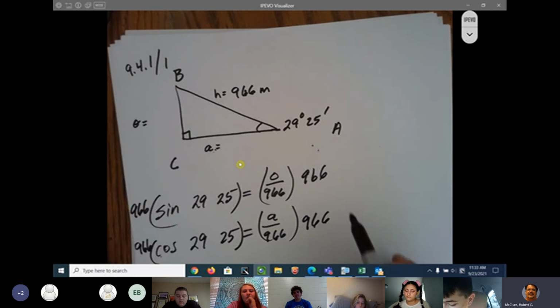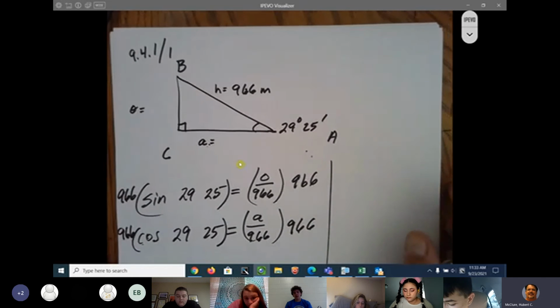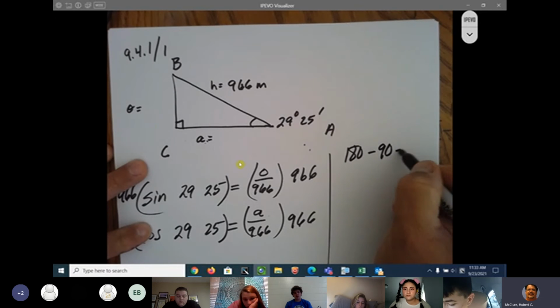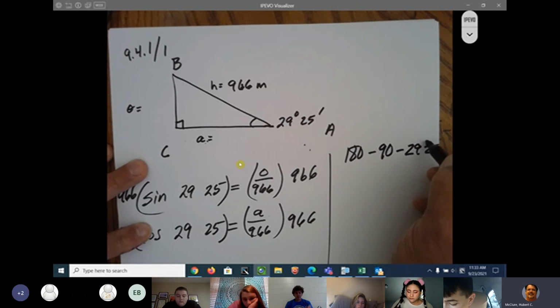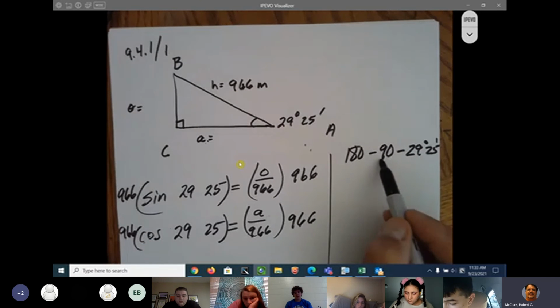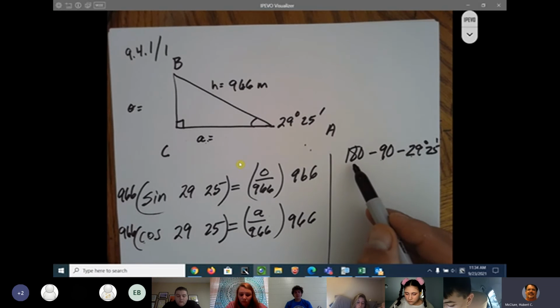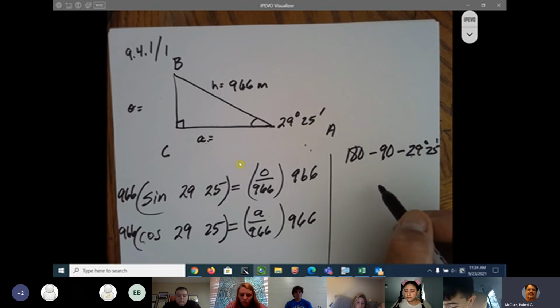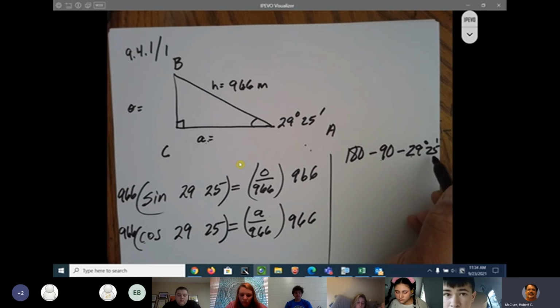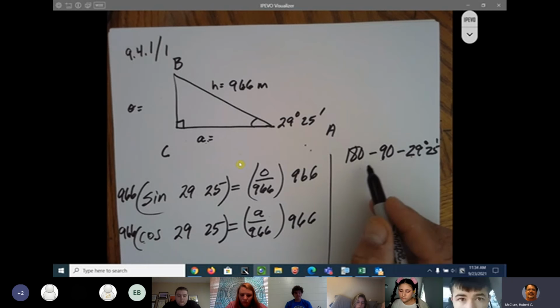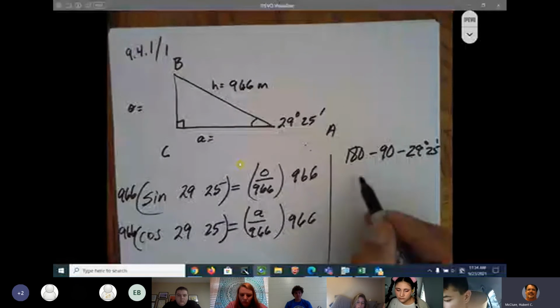And if you want to find the angle, all you got to do is use the 180-degree rule. 180 degrees minus 90 minus 29.25. Well, 180 minus 90 is 90.